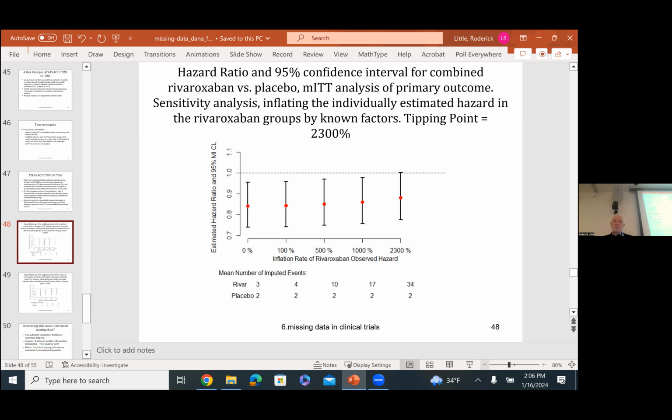And to make a long story short, for modified intention to treat, it doesn't look very likely that this would overturn the study. There's not a lot of missing data here, so you have to make the difference between the two treatment groups very extreme before you lose statistical significance.